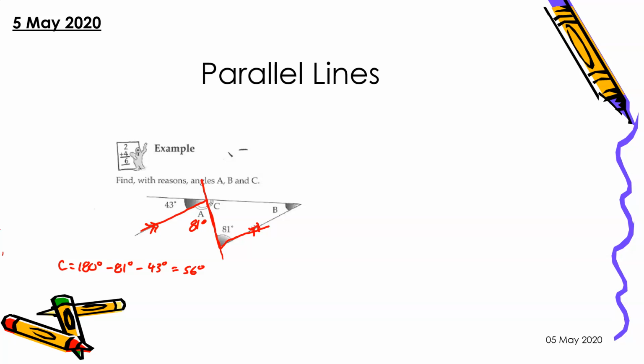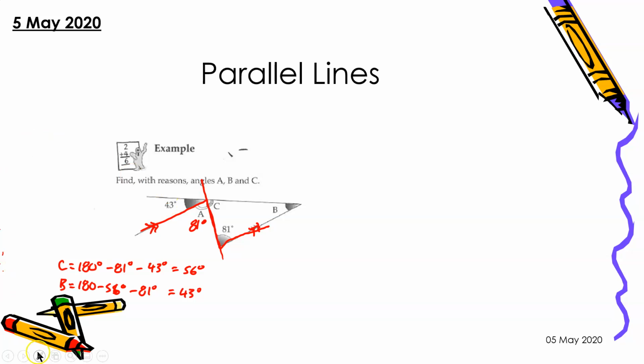And then we've got to work out B, as we can use the interior angles of a triangle. So B must be 180, take away 56, take away 81, which is 43. Yes, and I should have spotted that as well.